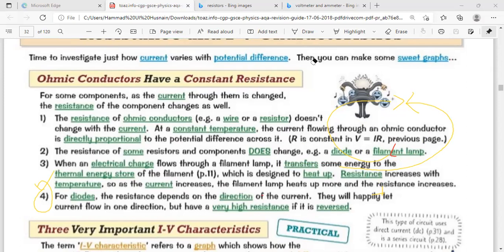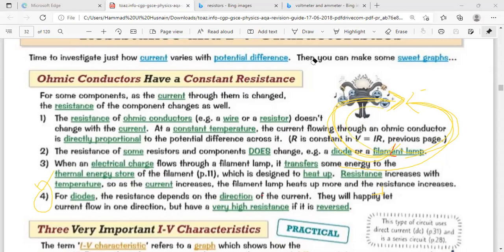Break this point in pieces. You can read it. For diodes, the resistance depends on the direction of the current. We have seen that when we change the direction of current, first the current was flowing in this direction and then in this direction, the response of the diode was different, the resistance of the diode was different.